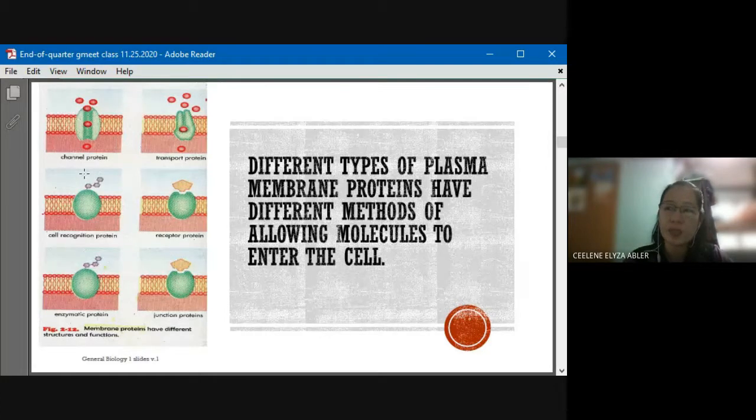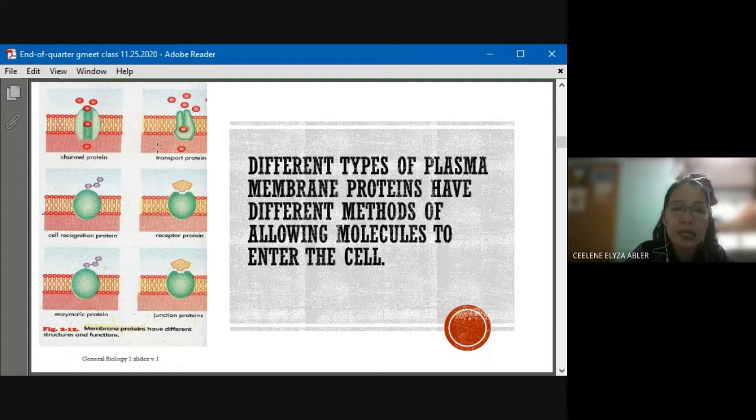Mostly, channel proteins are used for facilitated diffusion, because it doesn't need energy. Mostly, channel proteins are under passive transport. They do not require energy.